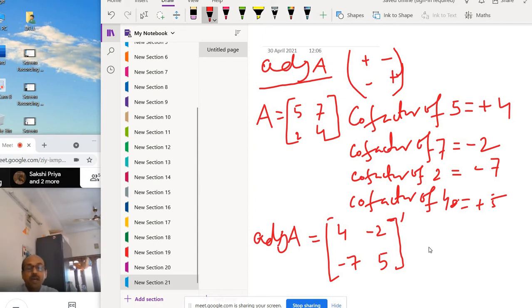So first find the cofactors of all the elements, then write down all the cofactors, and then take its transpose. Transpose means row and column interchange.